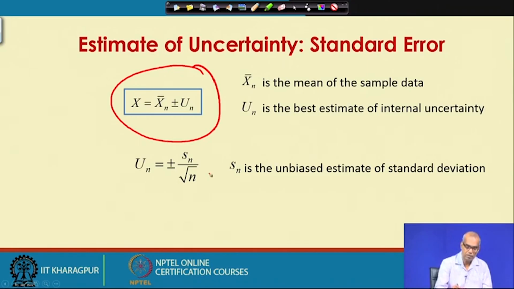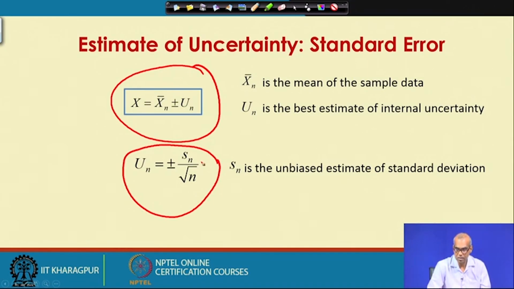An estimate of this uncertainty is the standard deviation divided by the square root of n, where n is the number of observations.